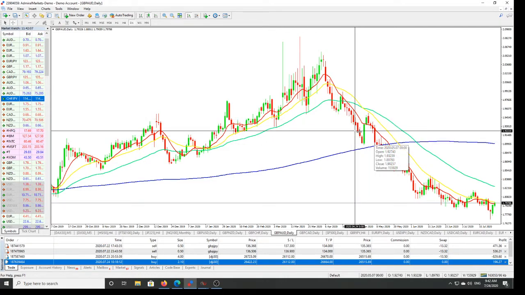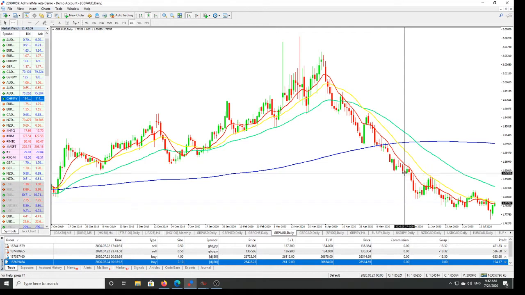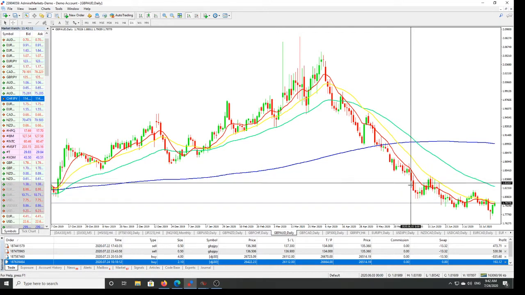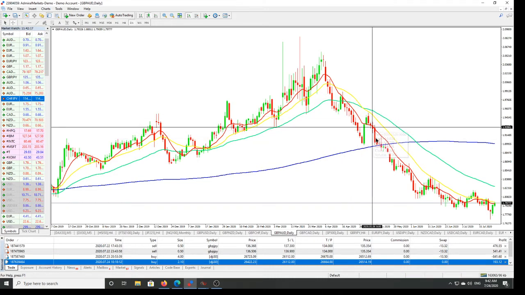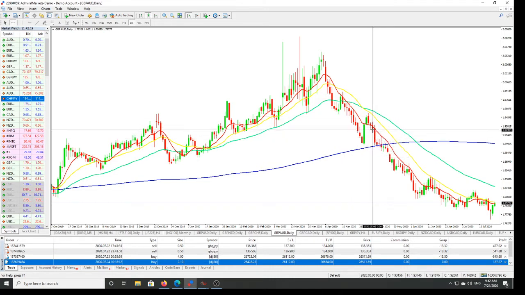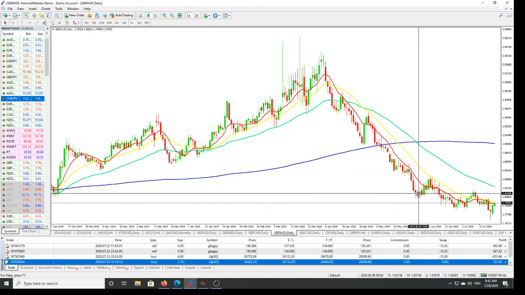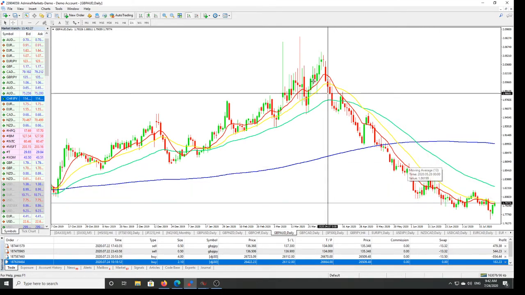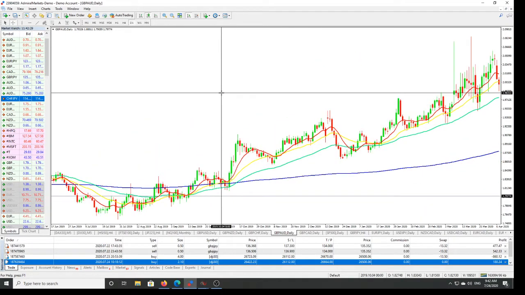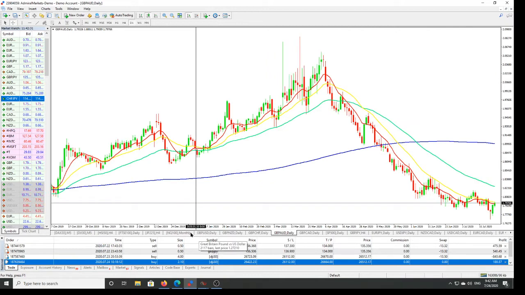As long as price stays below them, it's telling you the market is in a downtrend, and you can see how prices are bouncing off them because they are set. Once prices are below them, they serve as a resistance. So you can see price tries to go up, it can't go, it hits it and it's rejected, and it keeps falling and falling. And it is the same for the buy trade as well.